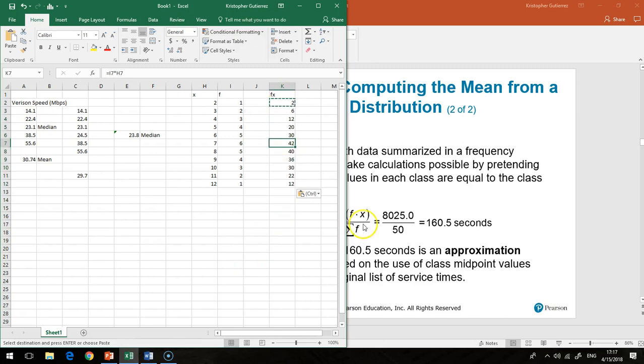And then if I just get the sum of that, sigma of fx, this is simply equal to the sum of all this.